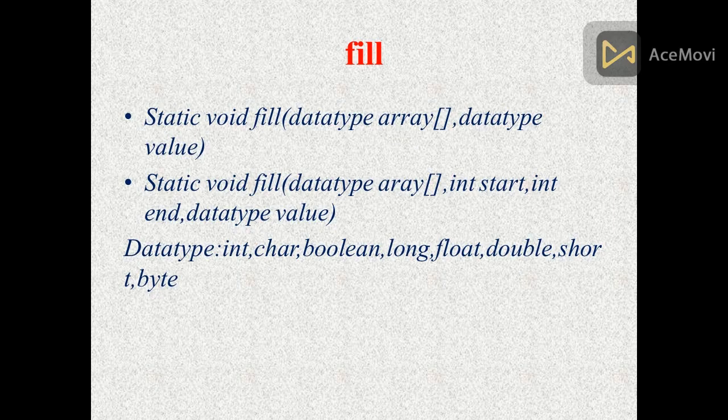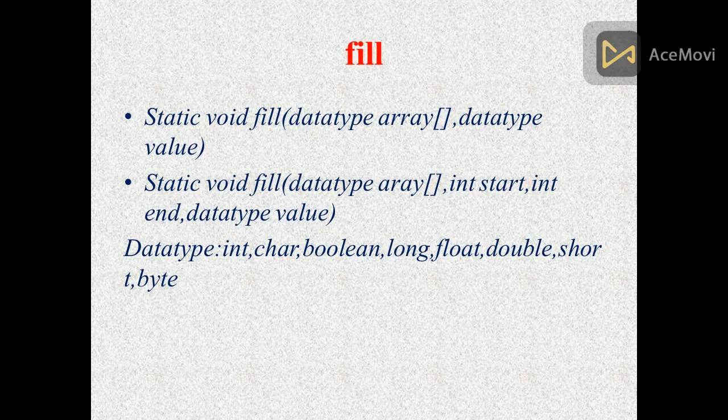We use it as Arrays dot fill, and within the parenthesis we give the input array and the value we want to fill. Suppose we want to fill the element as 2, we give 2 in the place of value.